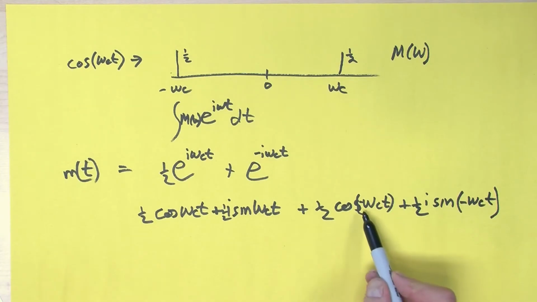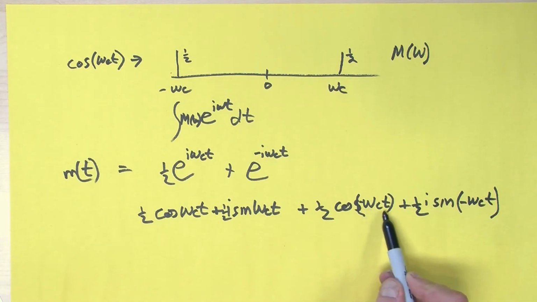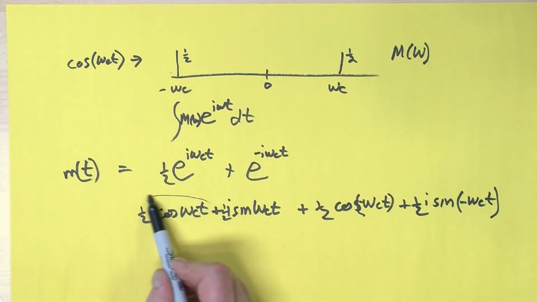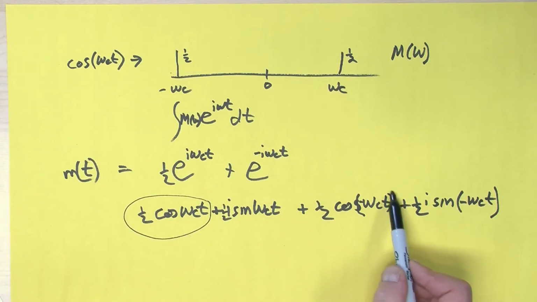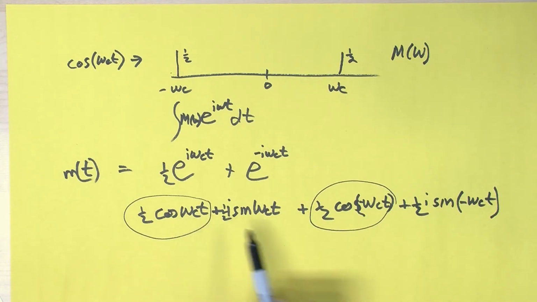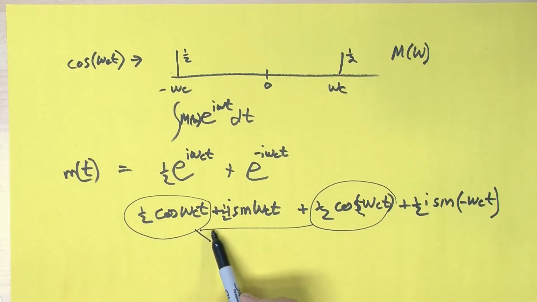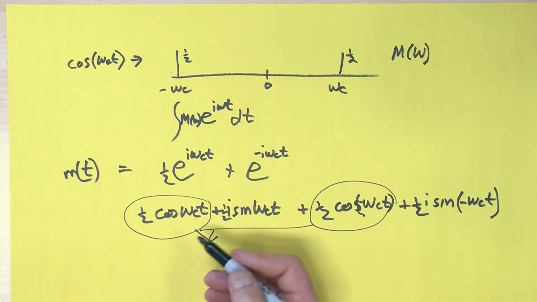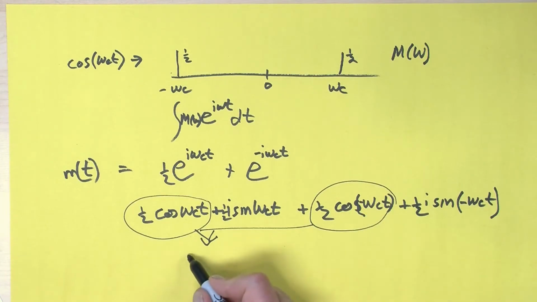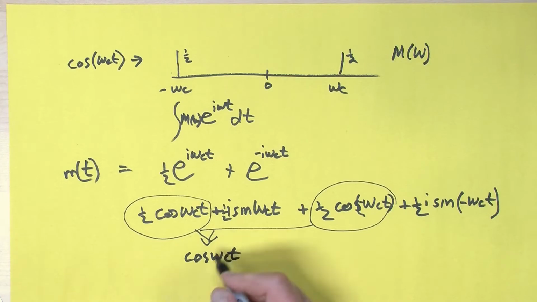Well, it turns out that cos minus omega ct is equal to cos omega ct. So we can take these two things here and just pretend they're both cos omega ct and add them together. And what do we get? Well, 1/2 cos omega ct plus 1/2 cos omega ct is cos omega ct. That was easy.